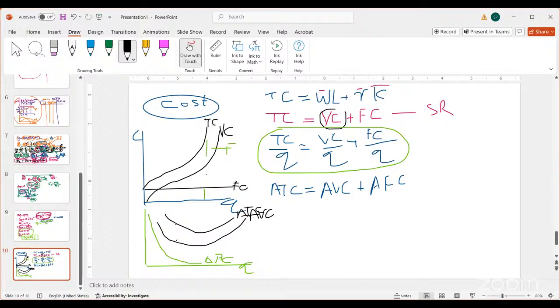Now, the shape of these average cost curves is usually what we consider the U shape, coming to the minimum point and again starting to increase.